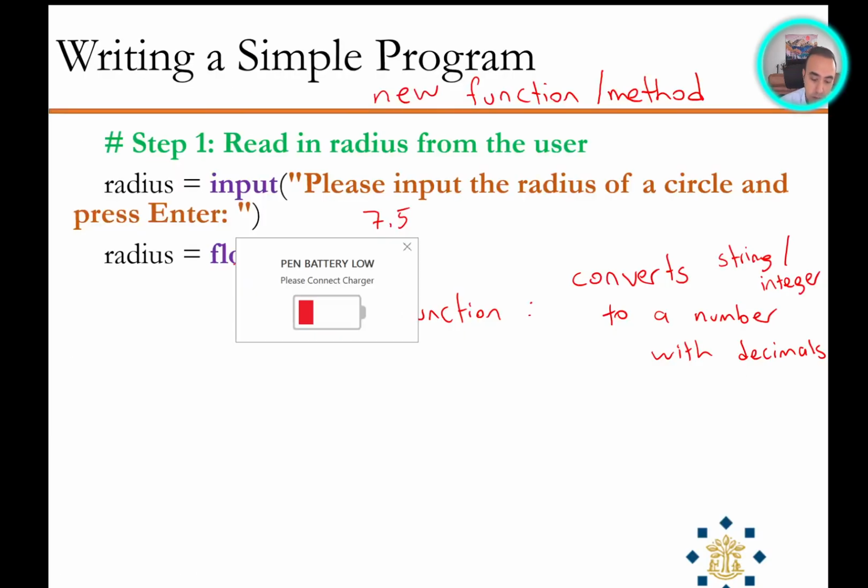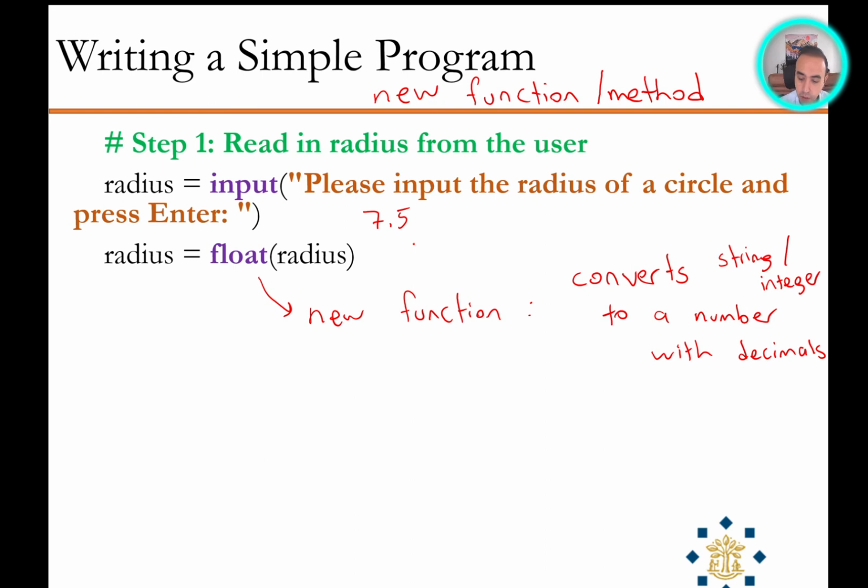So this is what it does. It converts string or integers to numbers with decimals. So if you have, for instance, 10, after float 10, it used to be a string, now it becomes a number. Again, the equal sign takes the right-hand side and sets it to the left-hand side.